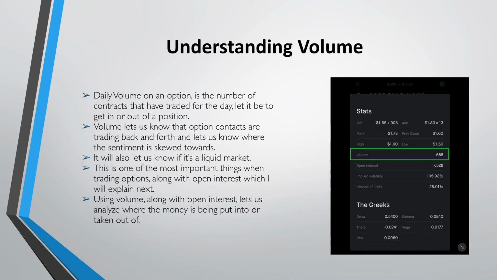Now, once again, guys, this is the most important thing, between this and understanding the open interest as well. And everything else, as far as how you really get into making money with options, or at least one of the ways, which I am going to be focusing on, which is unusual options activity.